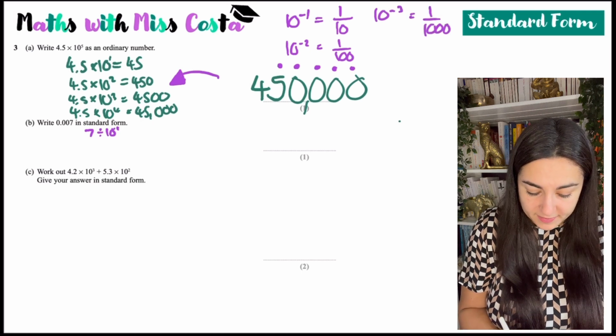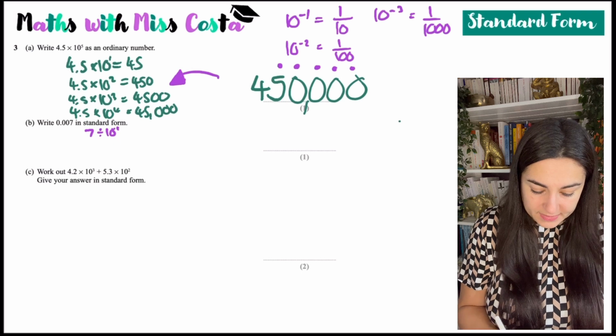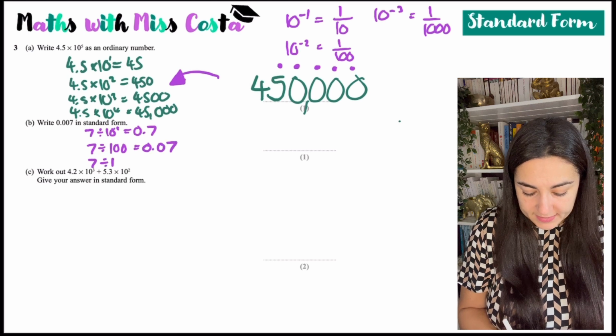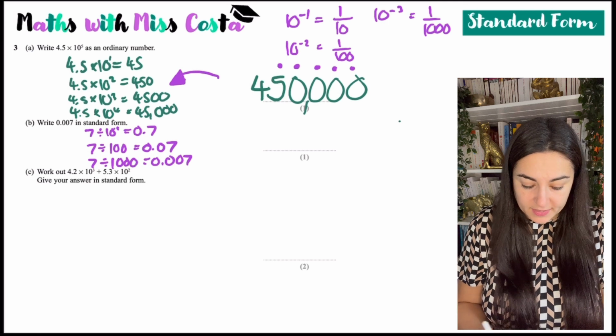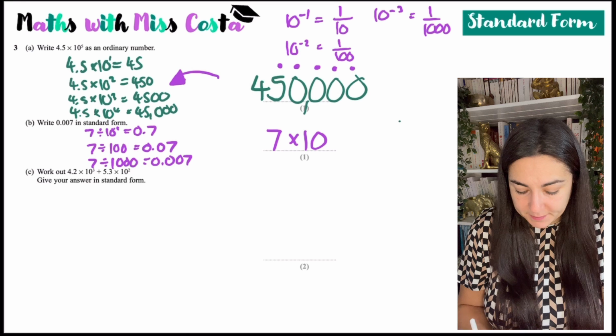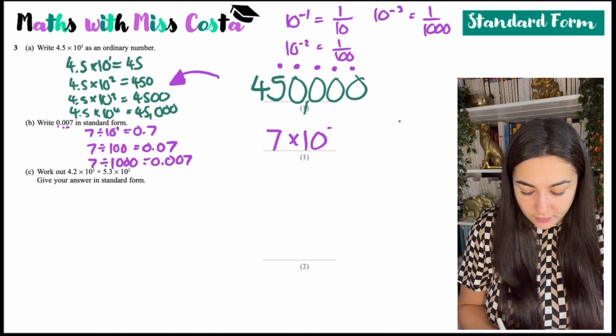Okay, so 7 divided by 10 would be 0.7. 7 divided by 100 would be 0.07. And 7 divided by 1,000 is 0.007. So in standard form, that would be 7 times 10 to the power of 1, 2, 3, negative 3.